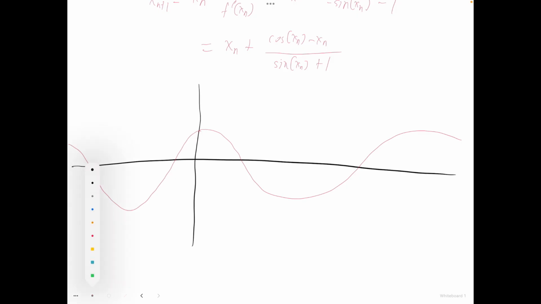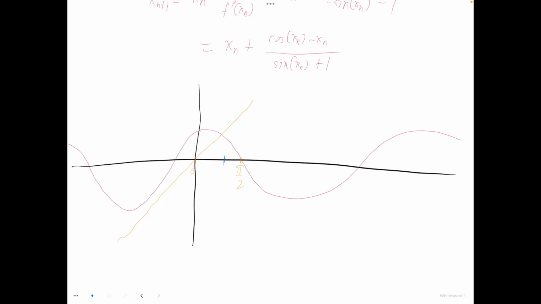And if we draw the graph of y equals x, it looks something like the following. Now we know this value is at pi over 2, and we know this value is at 0, and pi over 2 is about 1.7, so our solution is around 1. So this value is between 0 and 1.7, so our initial guess is going to be 1.